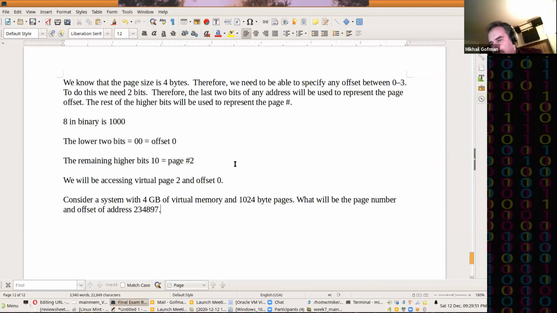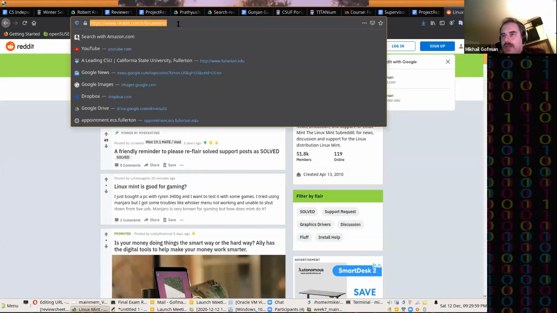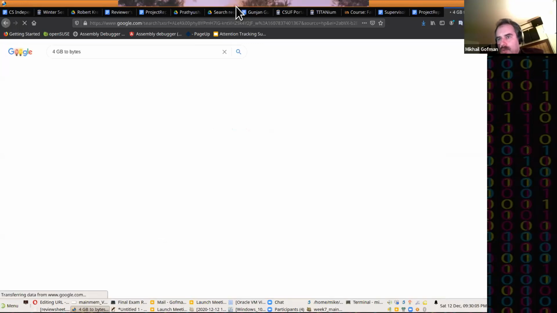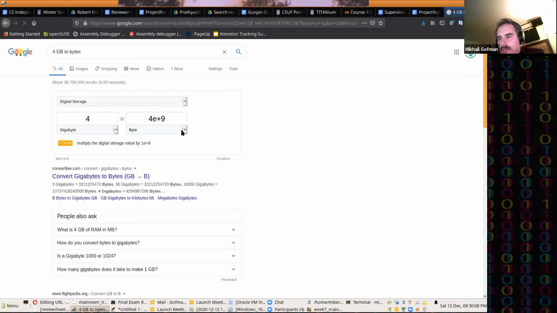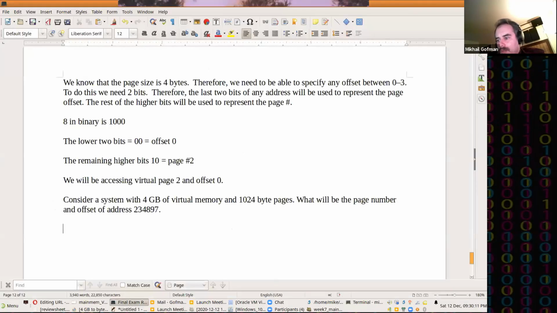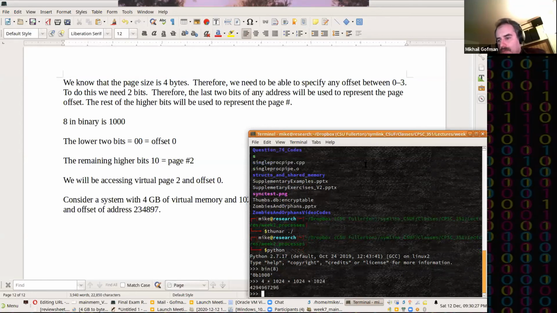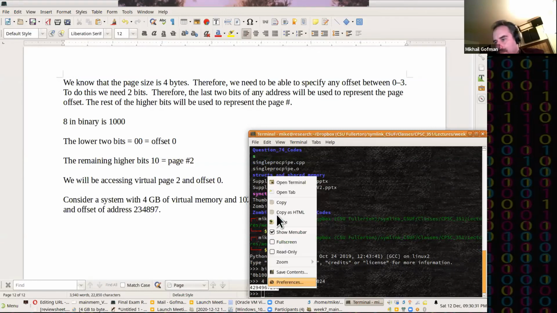So let's try to figure it out. If you convert 4 gigabytes into bytes, you can easily do that with Google. Basically 4 GB is equal to 1024 MB, which is equal to 1024 KBs, which is equal to 1024 bytes each.